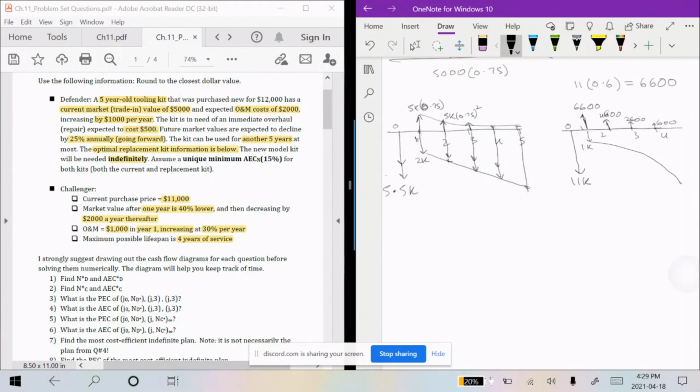1K, and it increases geometrically, okay, like this. And the gradient is 30%. Okay, but I'm just going to calculate this now itself, because it's going to be easier this way. So 1K in period 2, 1K increasing by 30%, 1.3, is going to give you 1.3.